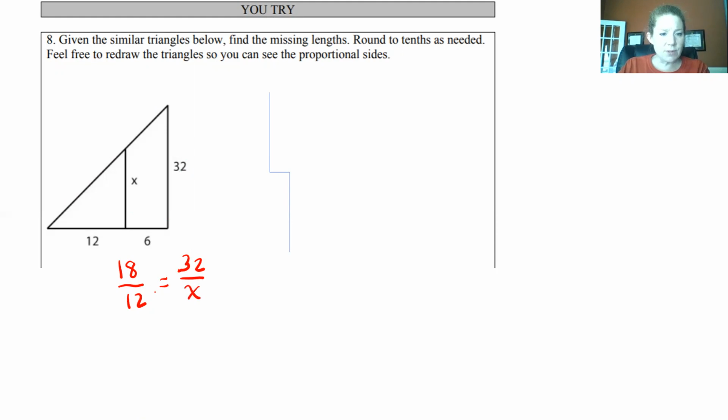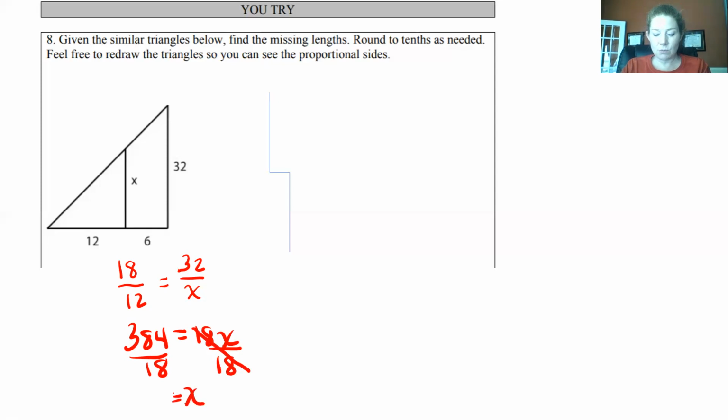All right, so then if we cross multiply, 32 times 12 we get 384. 18 times x is 18x, so we're going to divide both sides by 18.